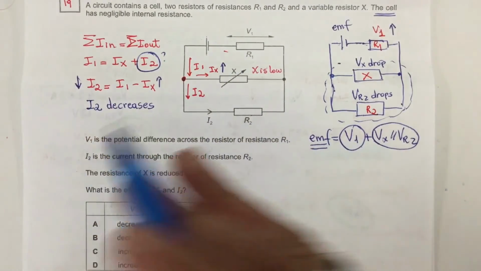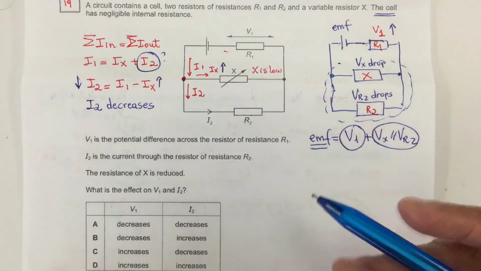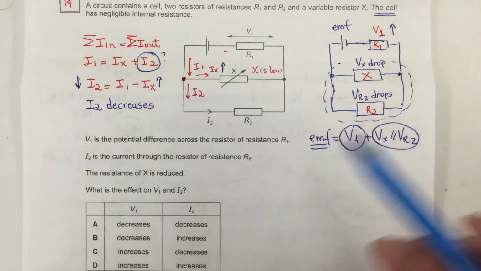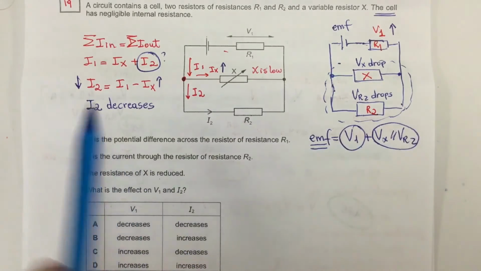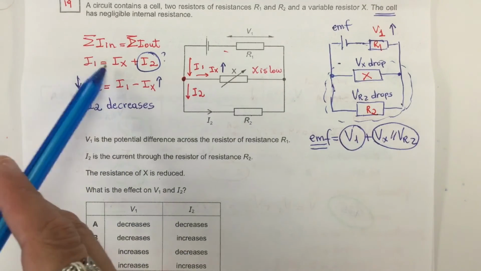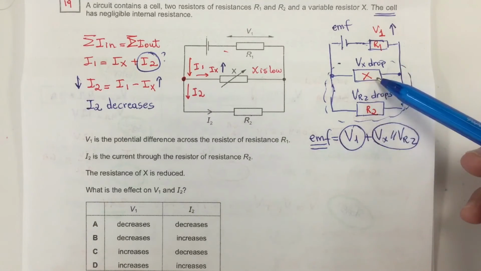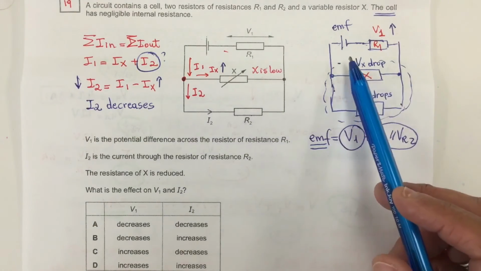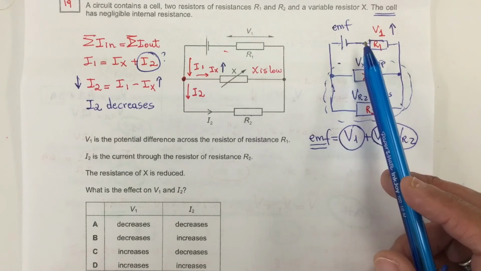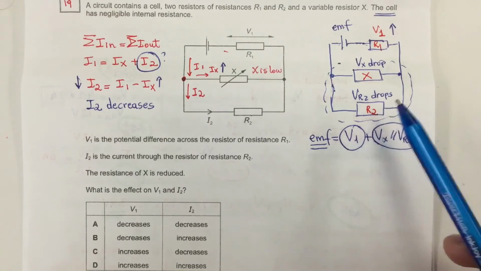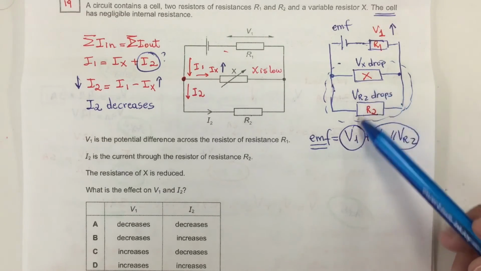So this problem is an analytical type of problem where we don't have numbers to play with. We just need to have an understanding of Kirchhoff's first law and how the energy from a battery is distributed between resistors depending on how they are connected.